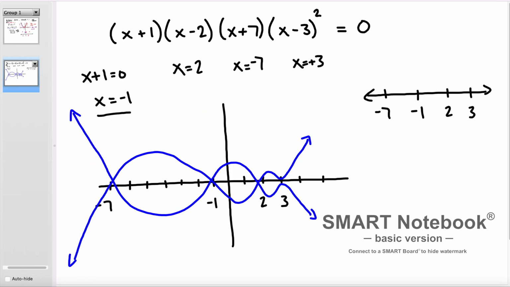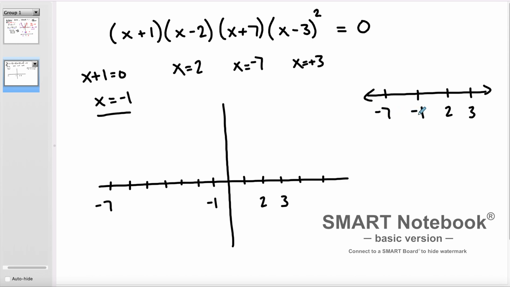In order to figure out which one of those is correct, we do some interval analysis, right? How do we do that? Well, we have our roots. These are where it crosses or touches the x-axis. And then we just need to determine, for any value less than -7, is the function positive or is it negative? So we pick a value, maybe -8.